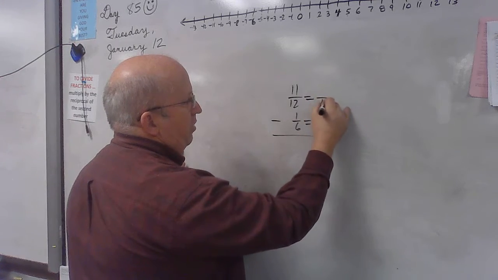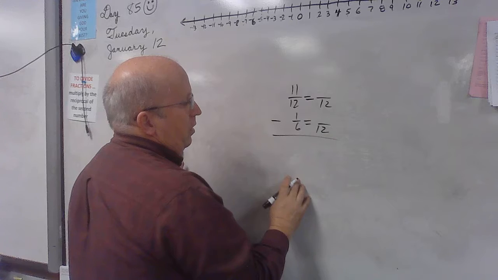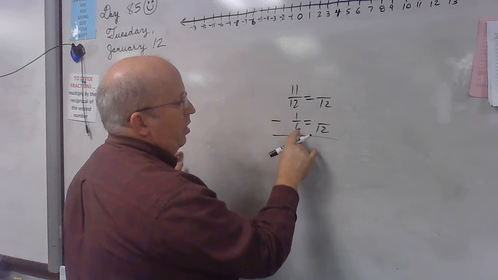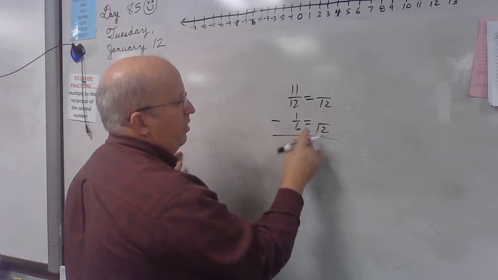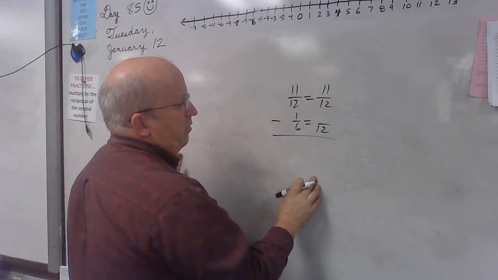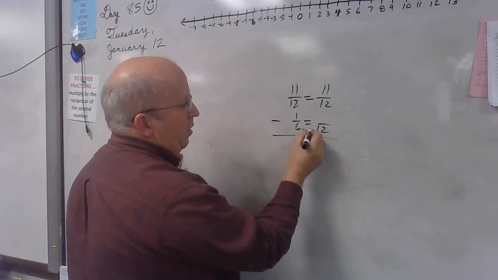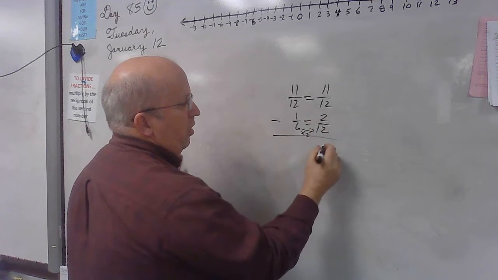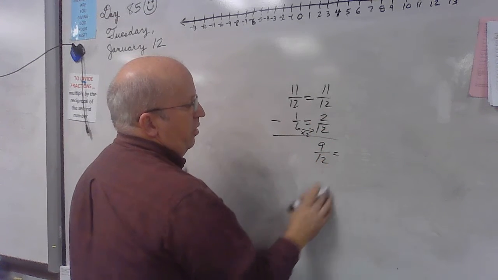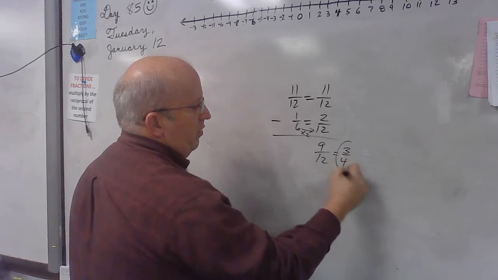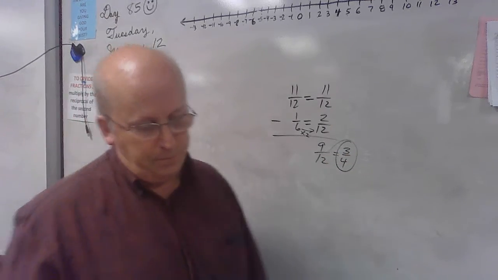Well, if you're thinking 12, like I am, I think you're good to go. The multiples of 6 are 6, 12, 18, 24, 30, 36, and so on, but 12 is the smallest multiple. We don't have to do anything to this top number, but the bottom number, oh, there's a pattern of multiplying by 2. To change this to 2, subtract, and we get 9/12. Divide the top and the bottom by 3 to simplify, and you get an answer of 3/4.